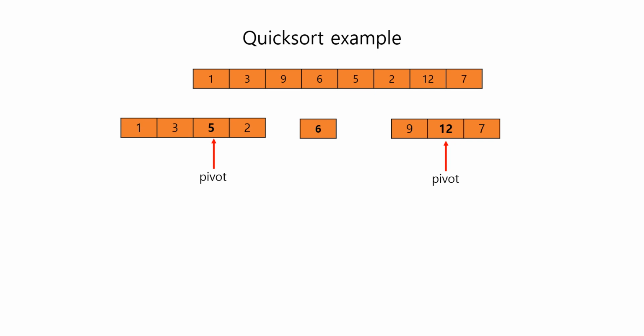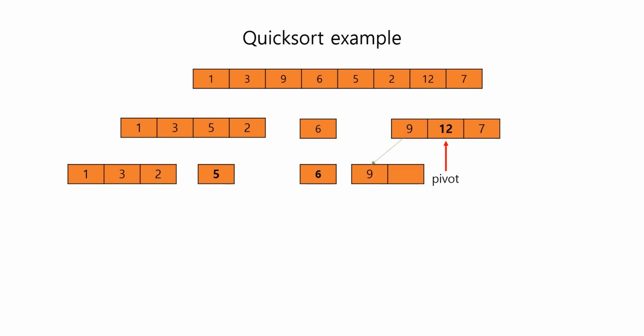So for the left subarray, let's pick the pivot 5, and the elements less than the pivot will go to the left, and now they are sorted, and the pivot stays there. And next, let's go to the right subarray, and let's choose the pivot 12, and 9 is less than 12, so it goes to the left, and 7 as well. And 12 will be fixed in that position.